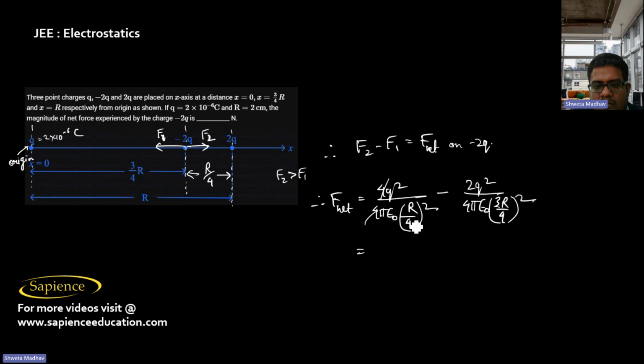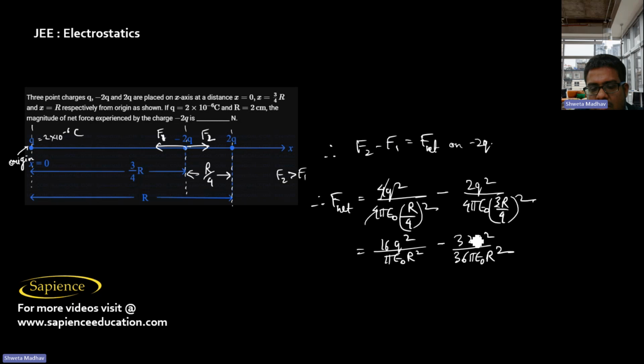These two will cancel, so 4 to the 16, so it will be 16 q square by pi epsilon naught r square, minus this is 4 to the 16, 16 to the 32, 32 q square by 3 to the 9, 4 9 to 36, 36 pi epsilon naught r square.